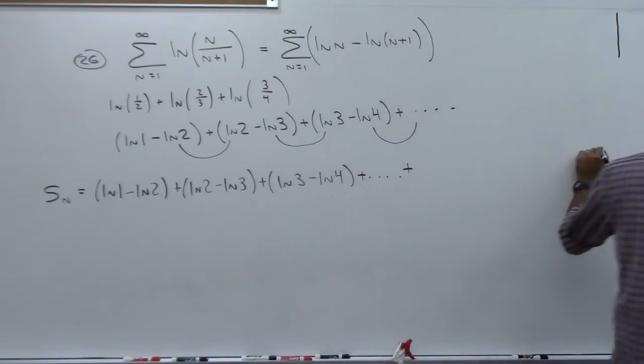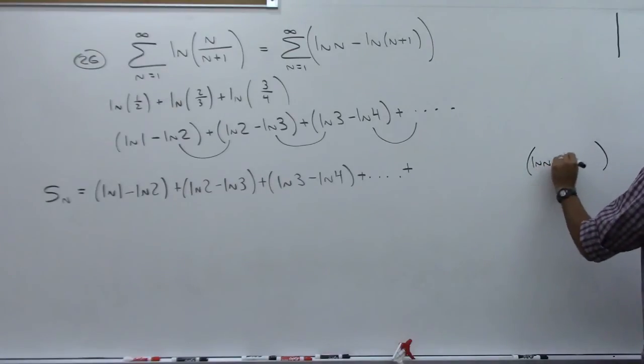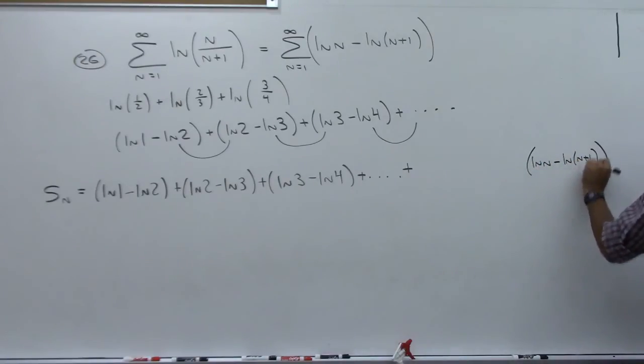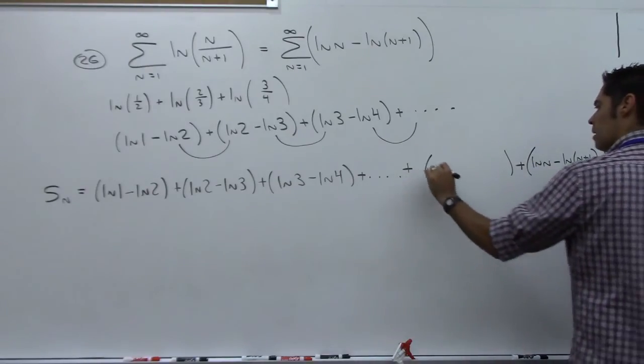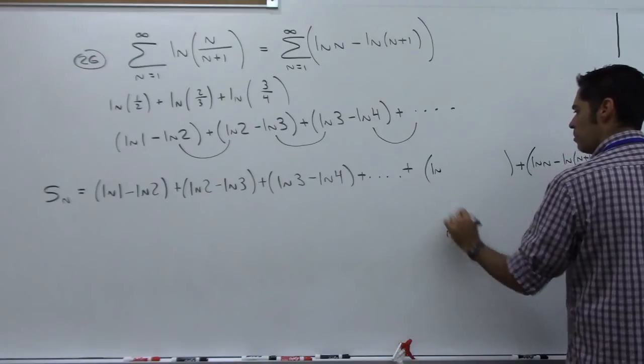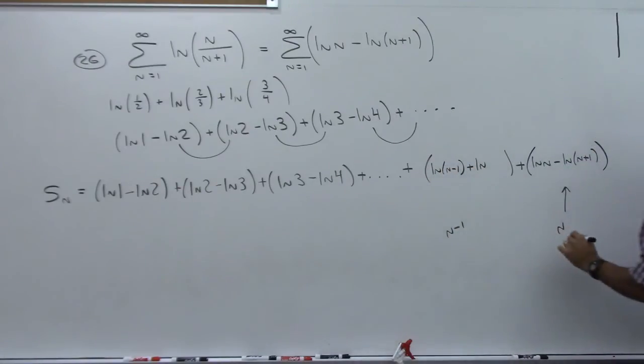And then let me stop at n. That'd be natural log of n minus natural log of n plus 1. That's what I get when I plug in n. The one before this would be, let's see, I'm plugging in n minus 1. So natural log of n minus 1 minus natural log of n.